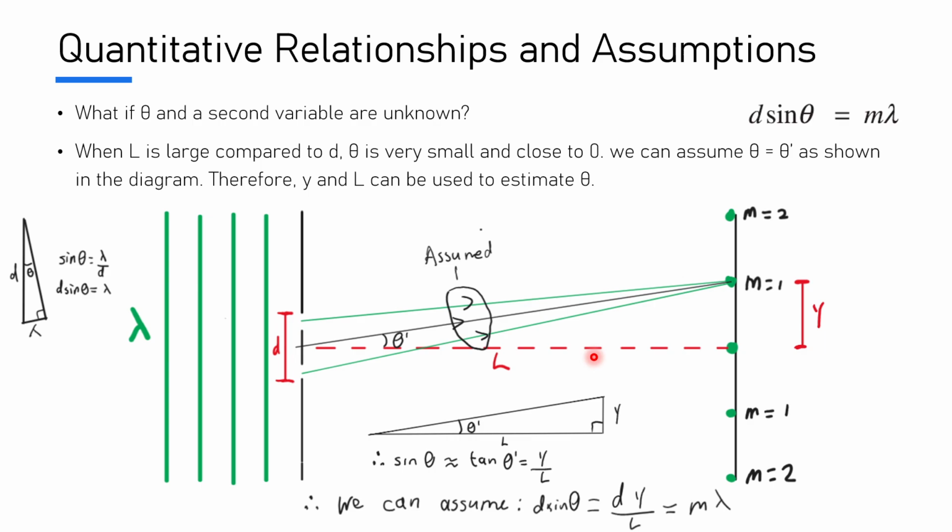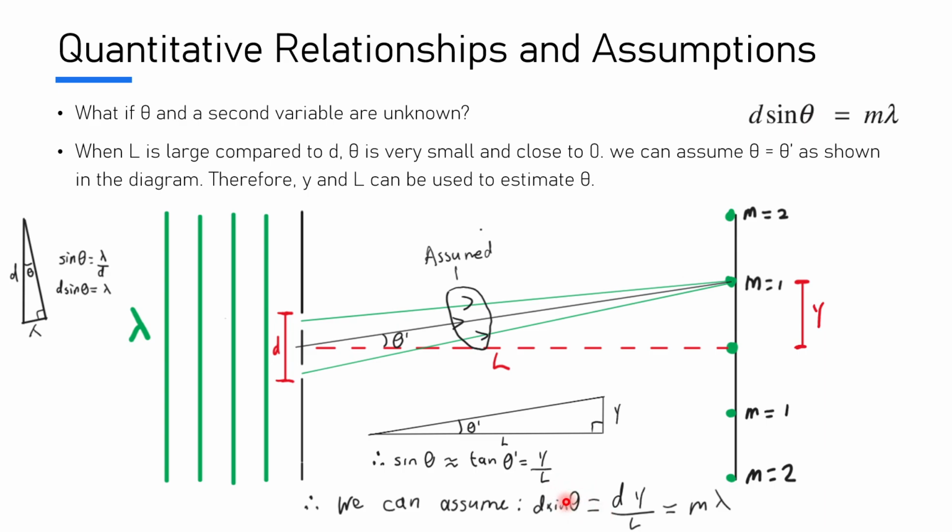So if theta is small, it's close to 0, then what we can say is that sine theta is going to be pretty much the same as tan theta prime, which is this angle here. And tan theta prime is equal to opposite divided by adjacent, y divided by L. Therefore, even if we don't know what this theta value is, assuming that it's small, which it will be, we can run with the assumption that d sine theta could also be written as d times y divided by L instead.